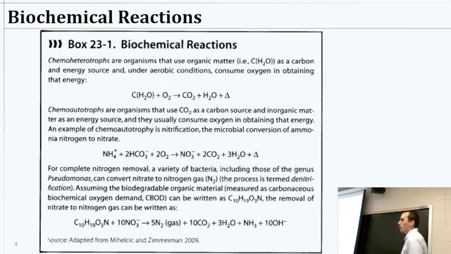Okay, quick note on the biochemistry side of things, and we'll probably get more into this in the waste stabilization lagoons. But essentially, we've got a couple different types of bacteria that are going to be doing the processing for us, the waste removal. So chemoheterotrophs, organisms that are going to use the organic matter as the carbon and energy source.